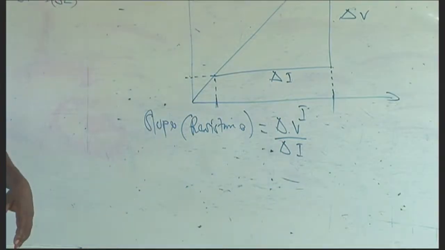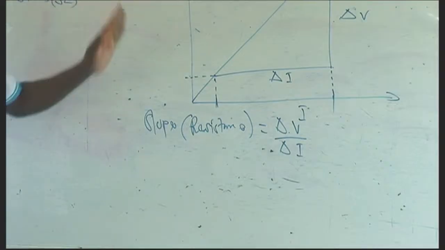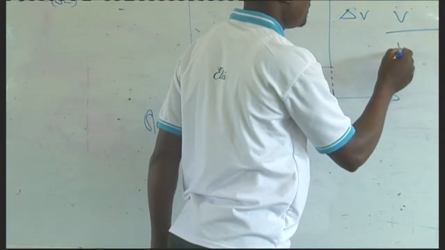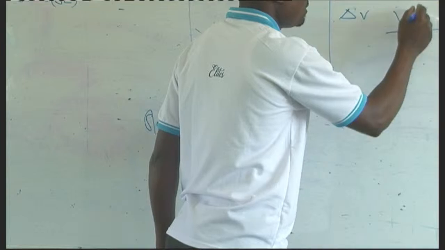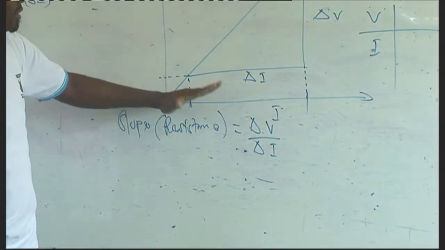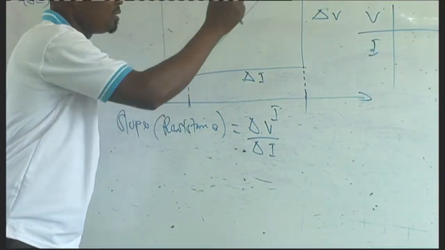In some cases, learners, you can be given values of voltage and current, and then you are asked to plot a graph of voltage against current, and you come up with a straight line.